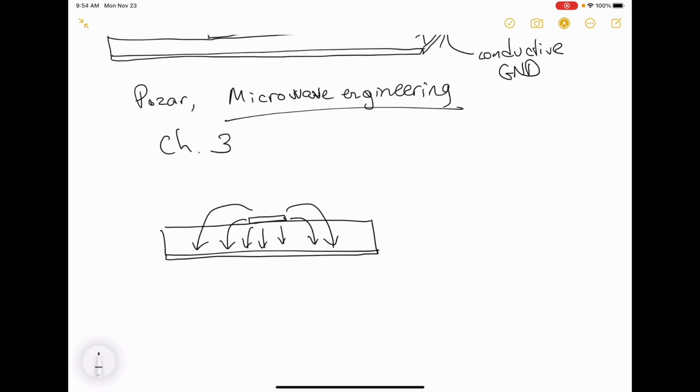What this means is that microstrip is quasi-TEM instead of being purely TEM, because we have two different materials here, so it's not homogeneous, inhomogeneous in fact.